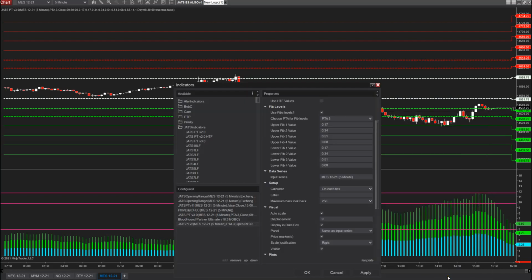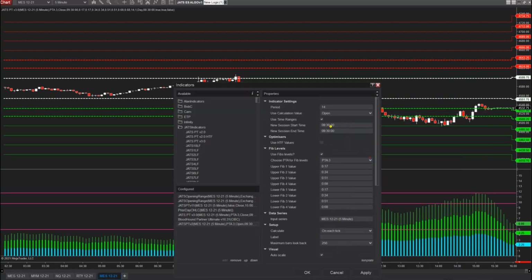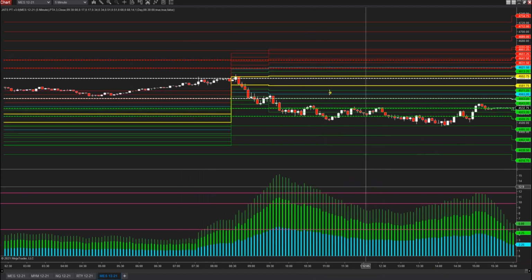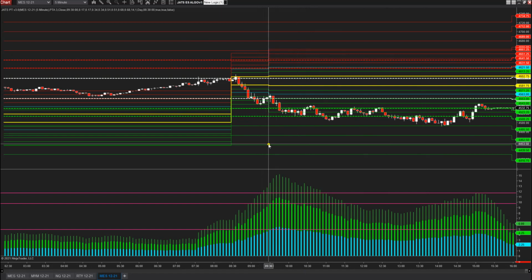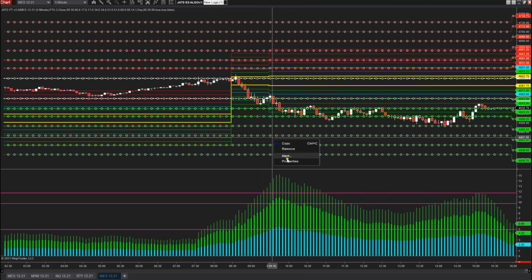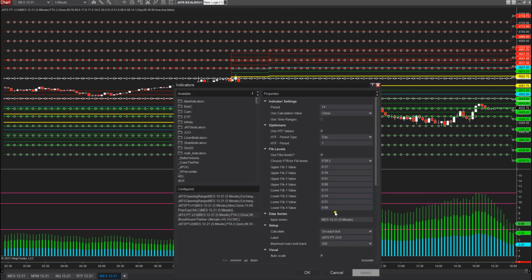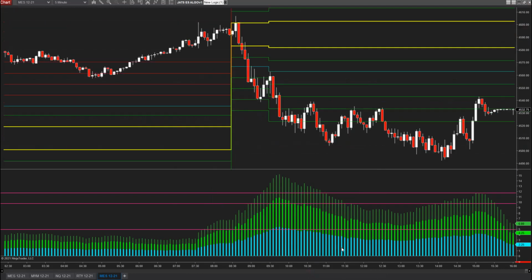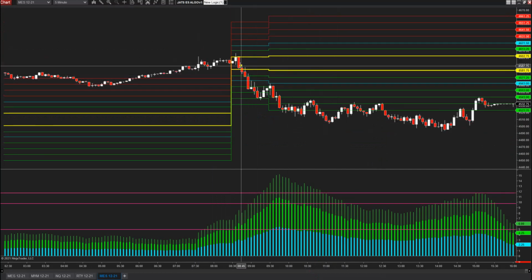All right, so here's your 60-minute range of the first hour of trading, and that's yellow. So it's the same concept as the daily, but we're using the first hour of the trade session.